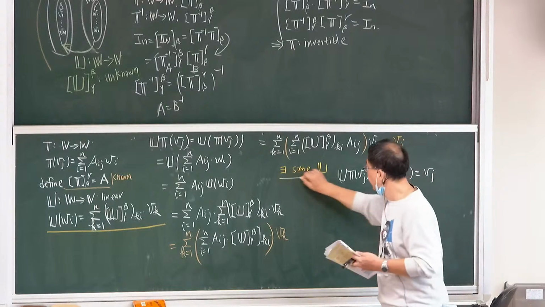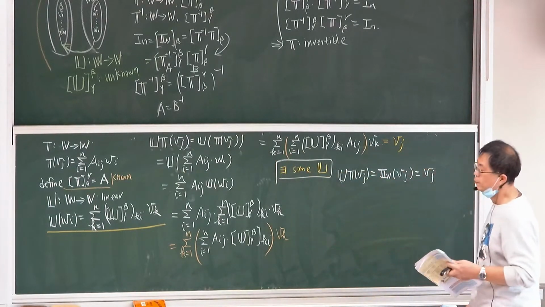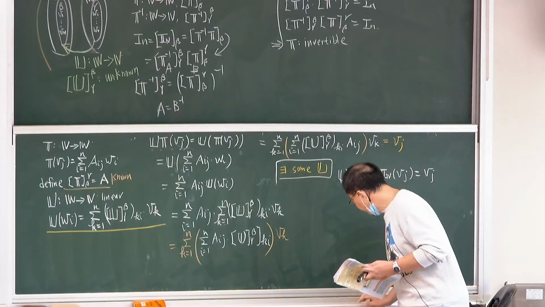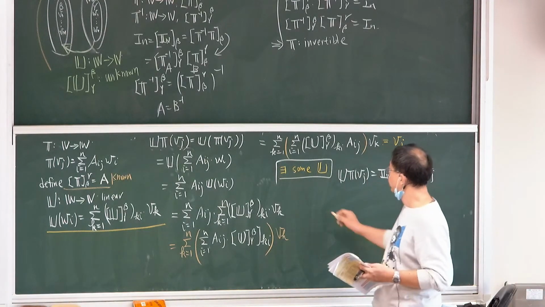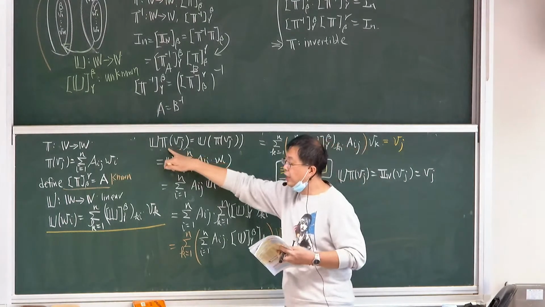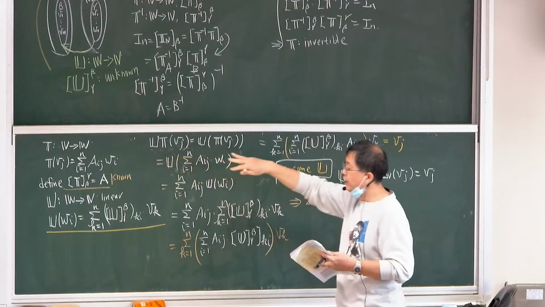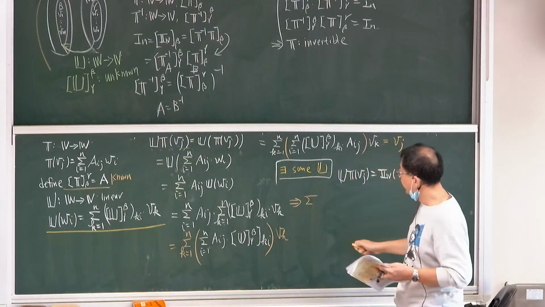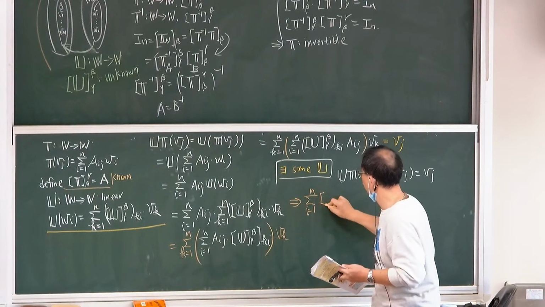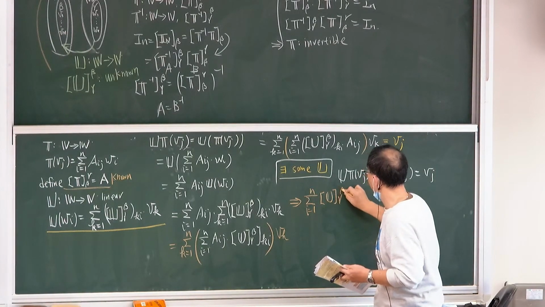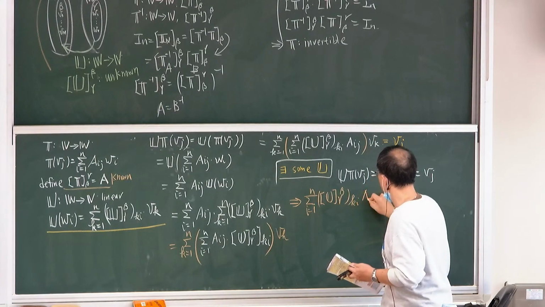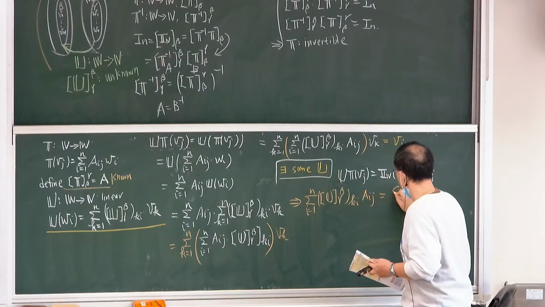So now, if T is invertible and U is the inverse transformation, we should have summation i equals 1 to n of U gamma to beta ki times a_ij equal to delta_kj.